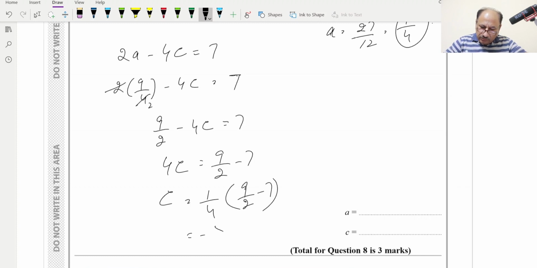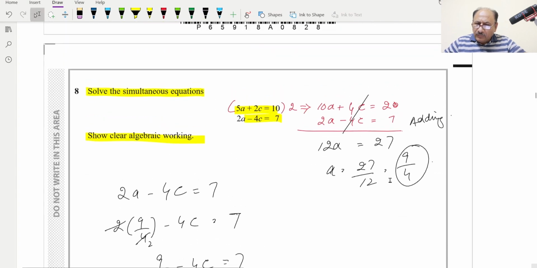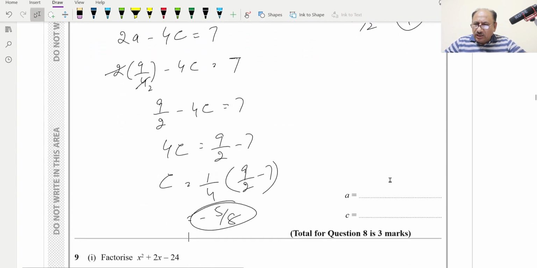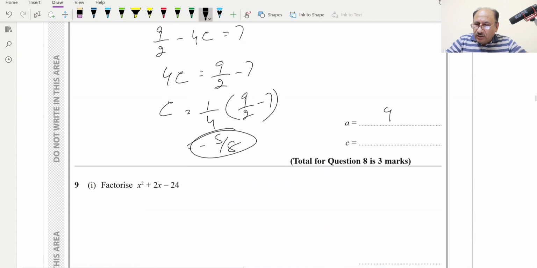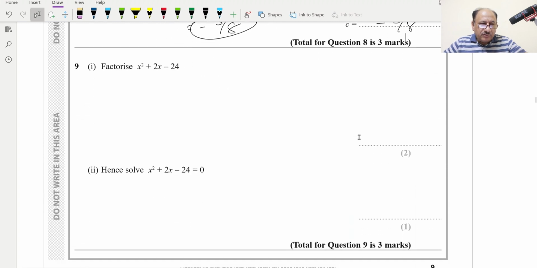So minus 5 over 8 will be the C value. Basically A and C values were required. So 9 by 4 is the A value, and the C value is minus 5 by 8. This is done. Hopefully we have done everything correct.